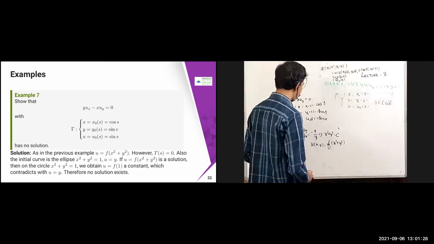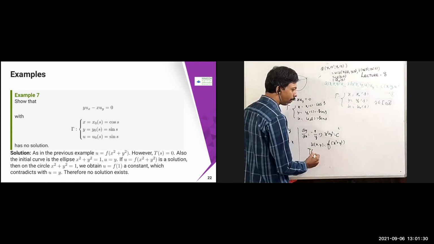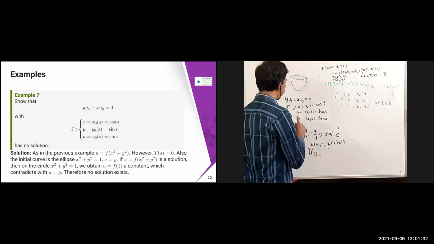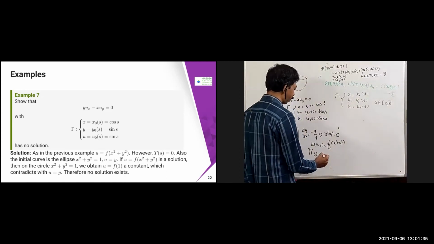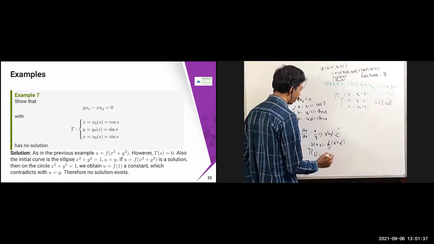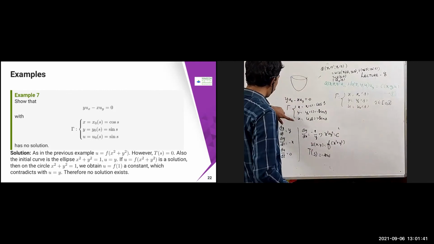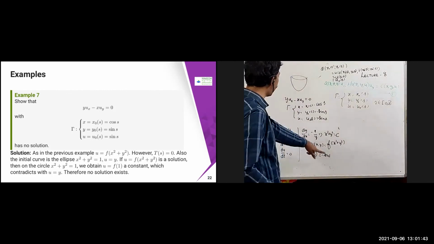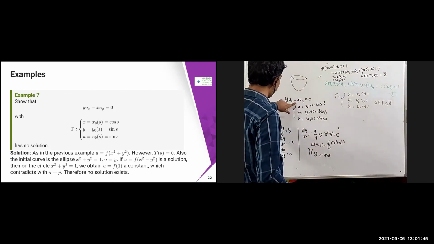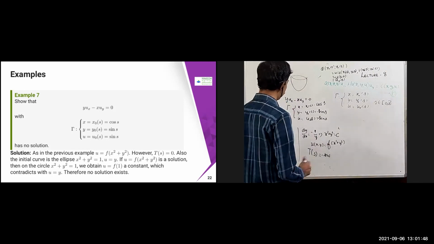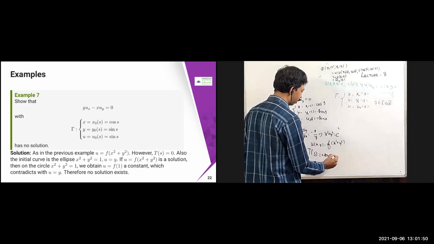So now you are going to find T of s. T of s is nothing but dx naught by ds, which is going to become minus sin s, into b naught. So b naught is minus x, and minus x is nothing but cos s, so it is going to become plus cos s.